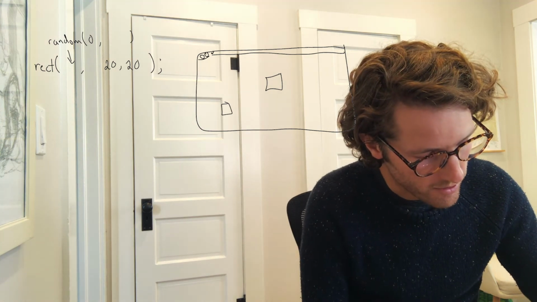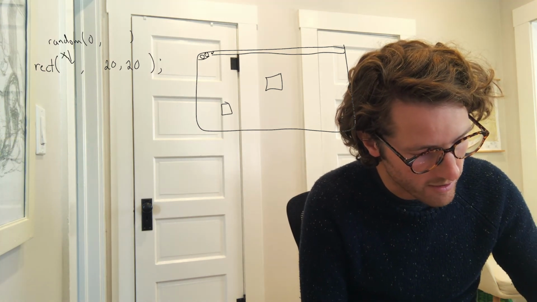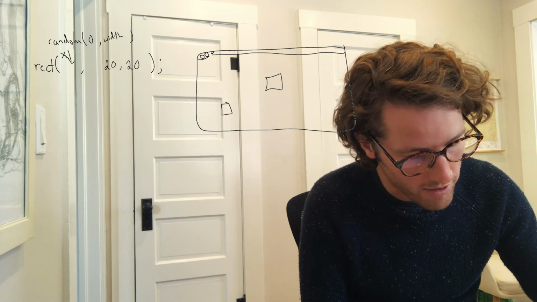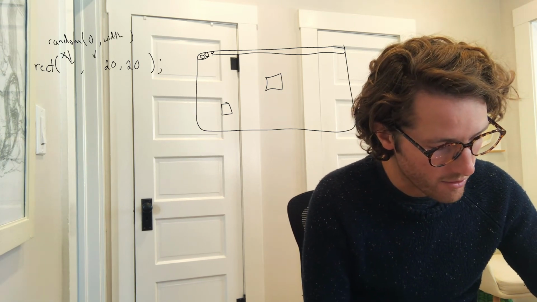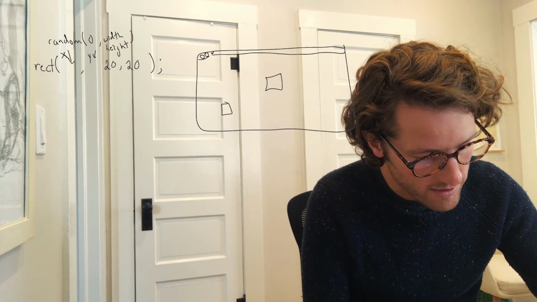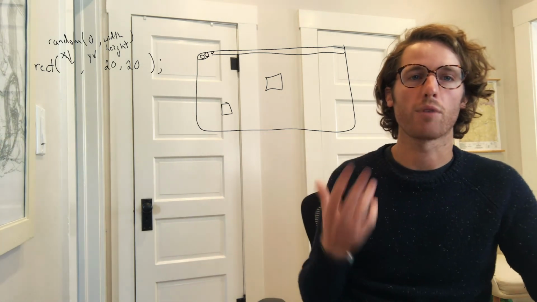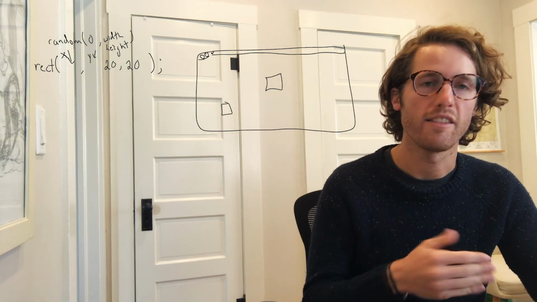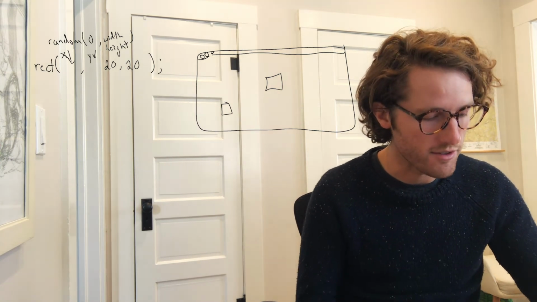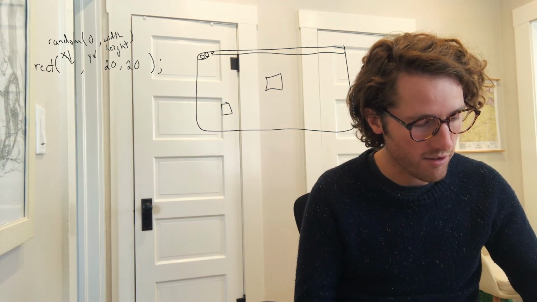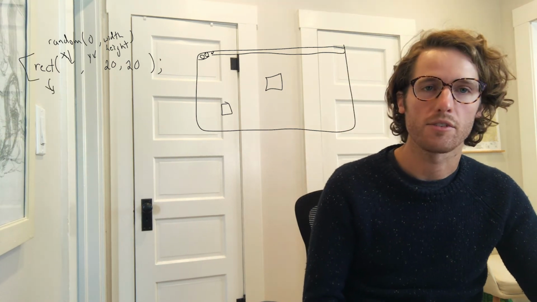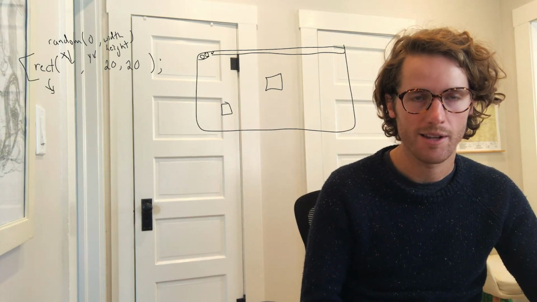So, for example, for the x part of our rectangle, we could say 0 to width, so anywhere within our screen. And then for the y part, we could say 0 to height. And that would give us a random number that fits within our window. And then we just do the exact same thing for this second rectangle, and voila, we'd end up with two rectangles placed at random positions.